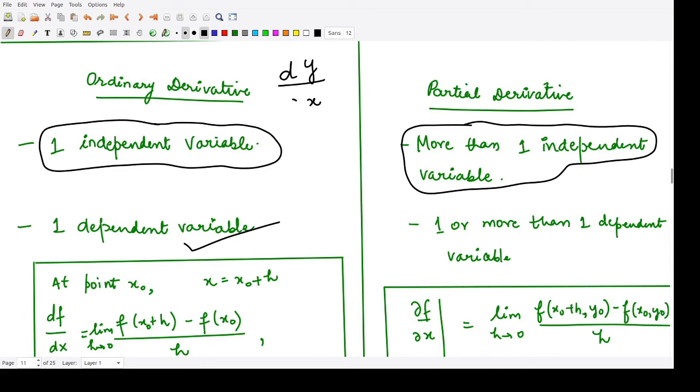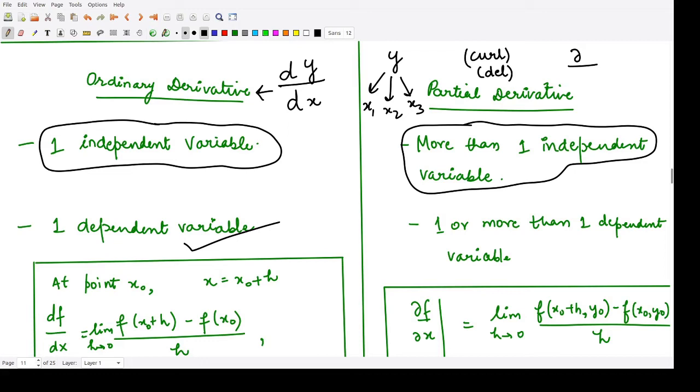So dy by dx, that represents the ordinary derivative, whereas for the partial derivatives, suppose y is some dependent variable and it is a function of independent variables, say x1, x2, x3. So suppose three independent variables. Okay, so we can define the partial derivative. It is represented by this curl symbol, or some people say this to be del.